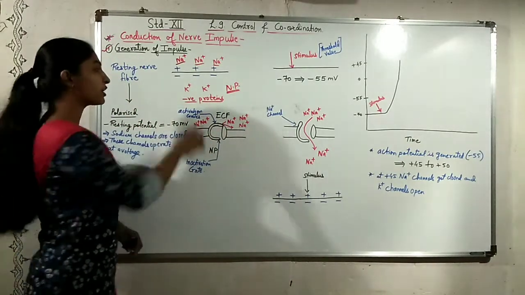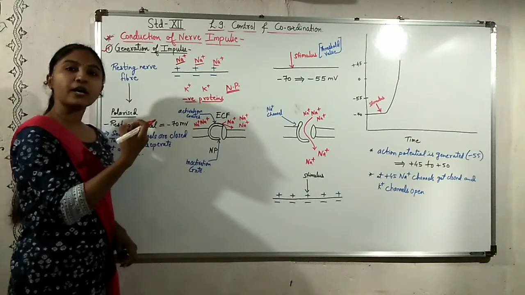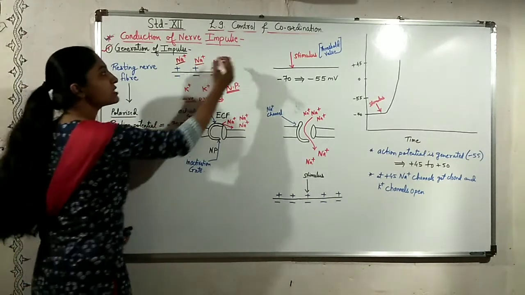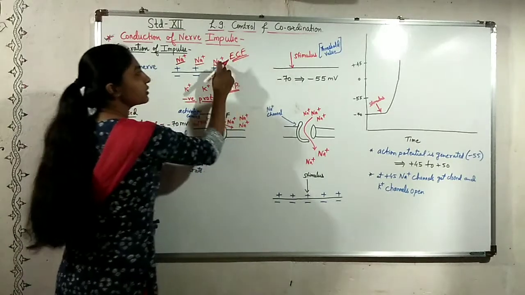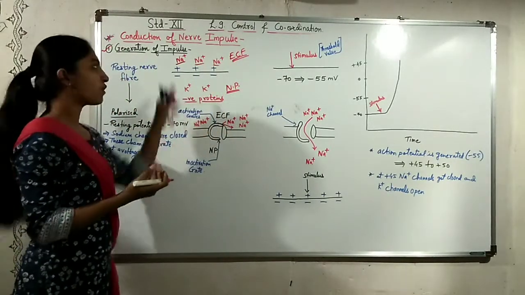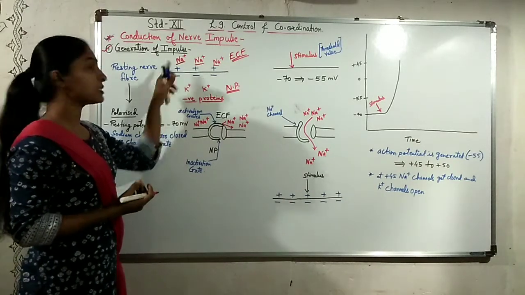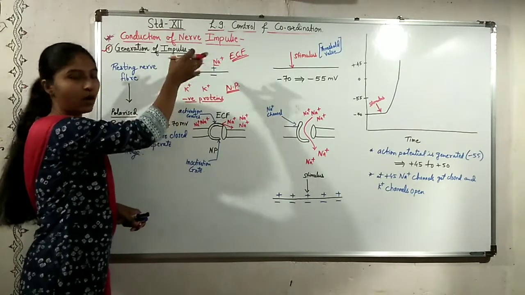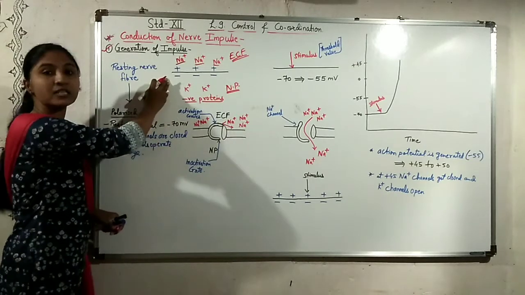Because of these negative proteins, the inner side of the membrane gets its electronegative charge, whereas on the outer side, in the extracellular fluid, there is a higher concentration of sodium ions, and because of this the outer side of the membrane is electropositive. This is at the resting state.